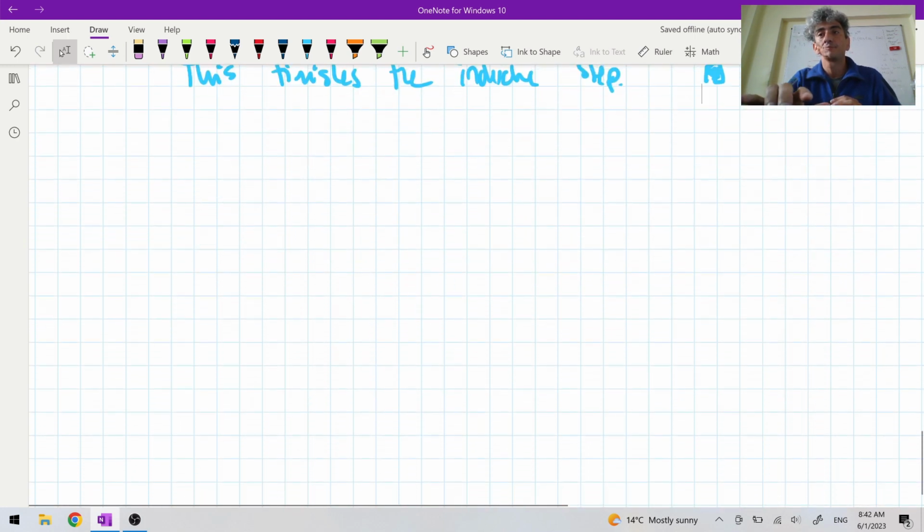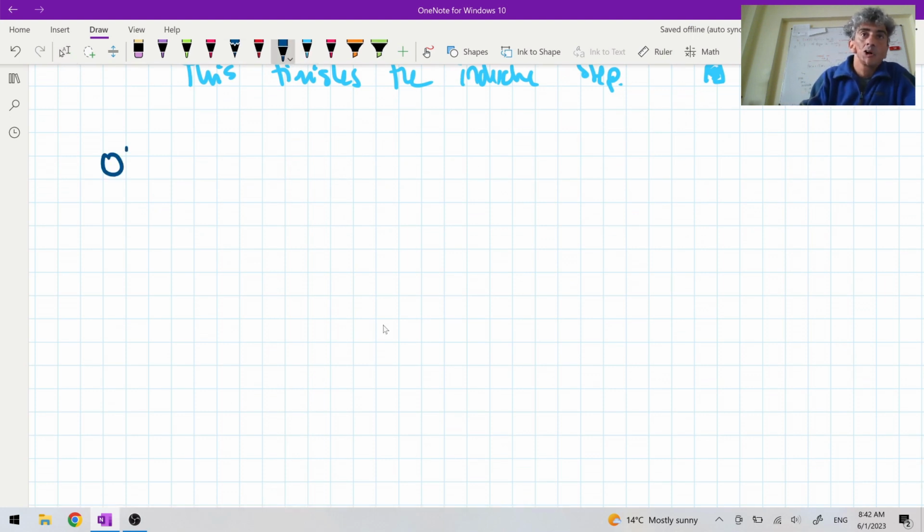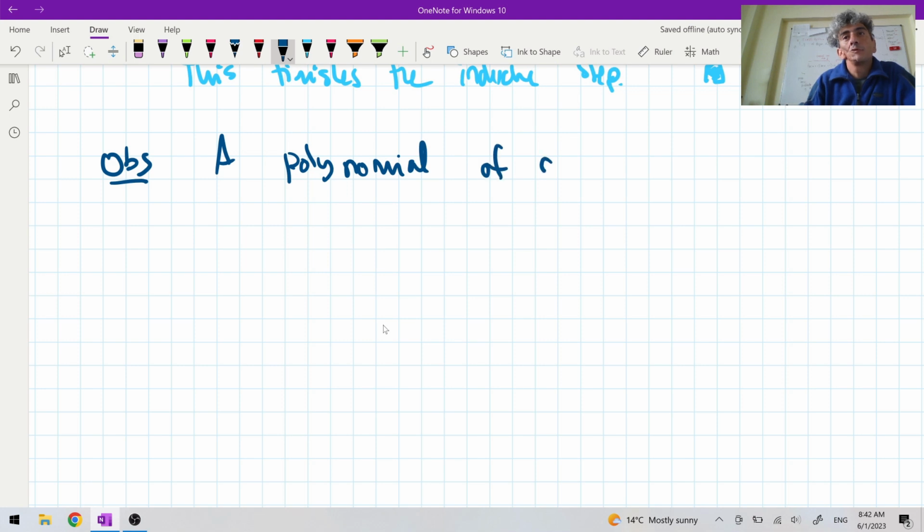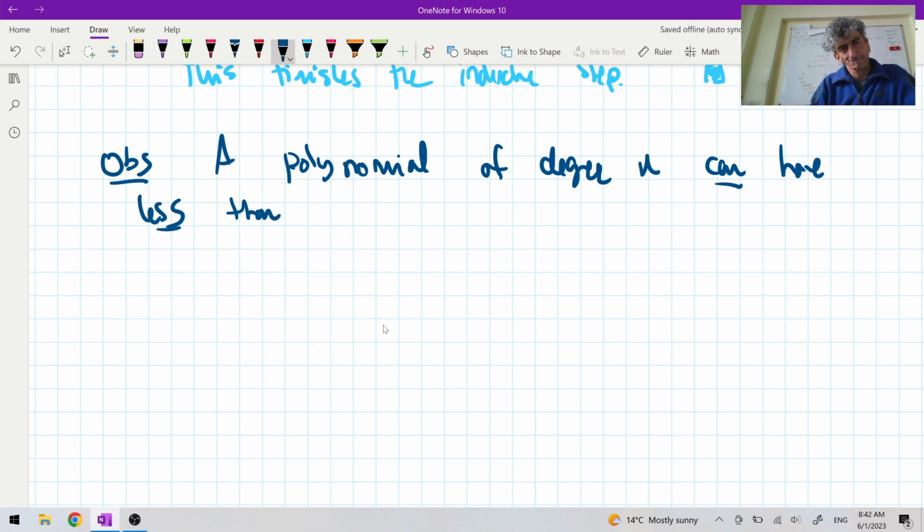Observation. A polynomial of degree n can have less than n roots in its base field.